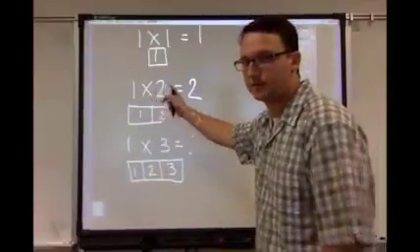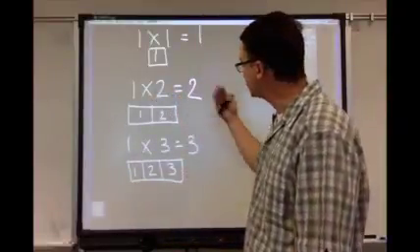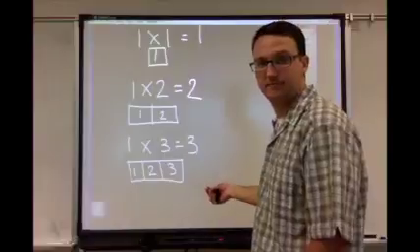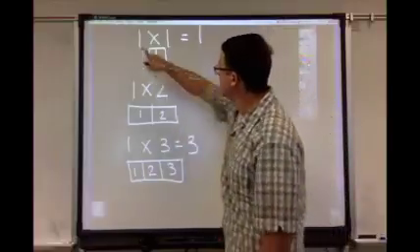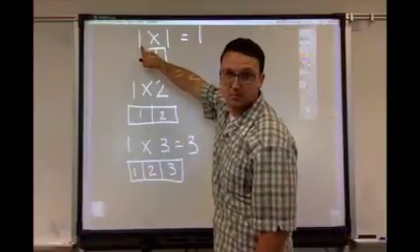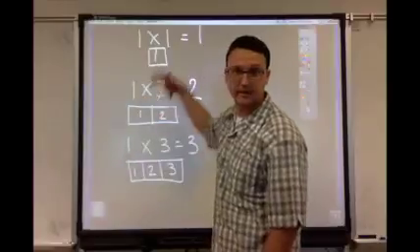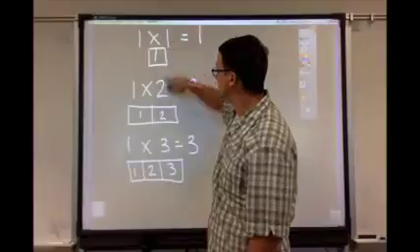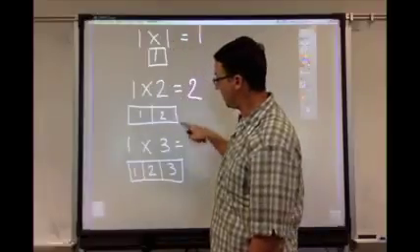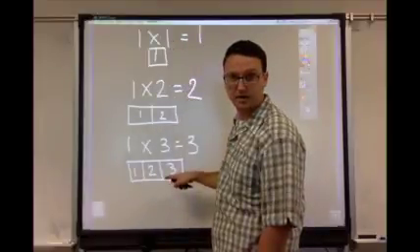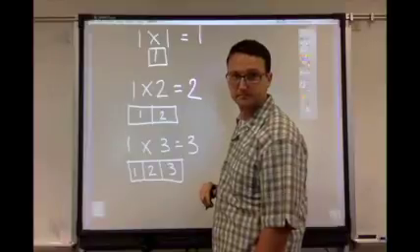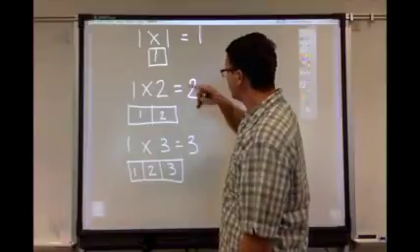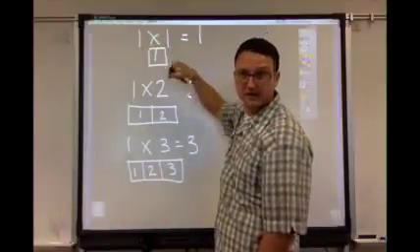What this means is every time I am multiplying, I'm actually adding an additional one. Okay, so in this case, my base is 1, 1, 1. So every time I'm multiplying, I'm really adding 1 plus 1 is 2. 1 plus 1 plus 1 is 3. So you're adding 1 3 times.